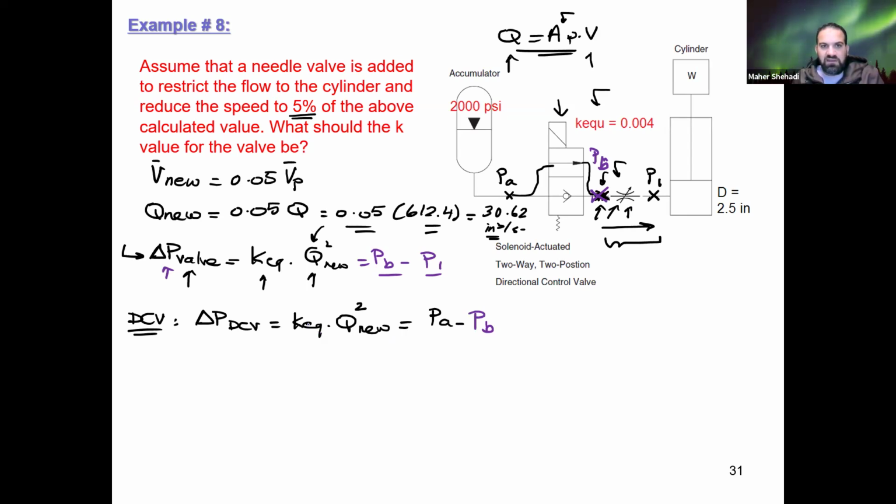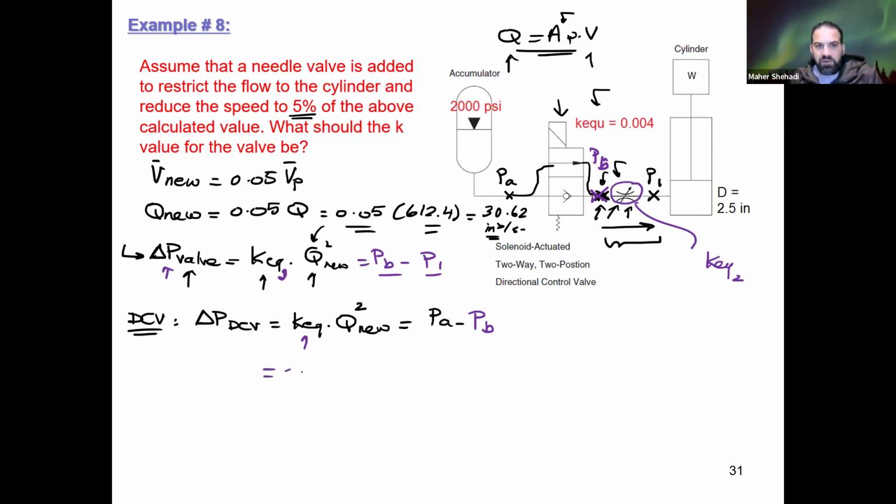I have two K equivalents. Let's call this one K equivalent 1 or 2. This one is for the needle valve, K equivalent 2, and this one is what we had in the previous part.